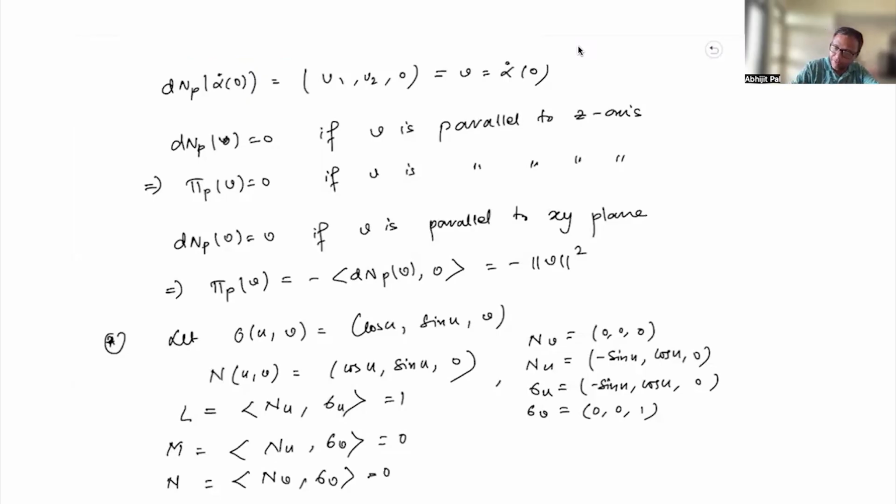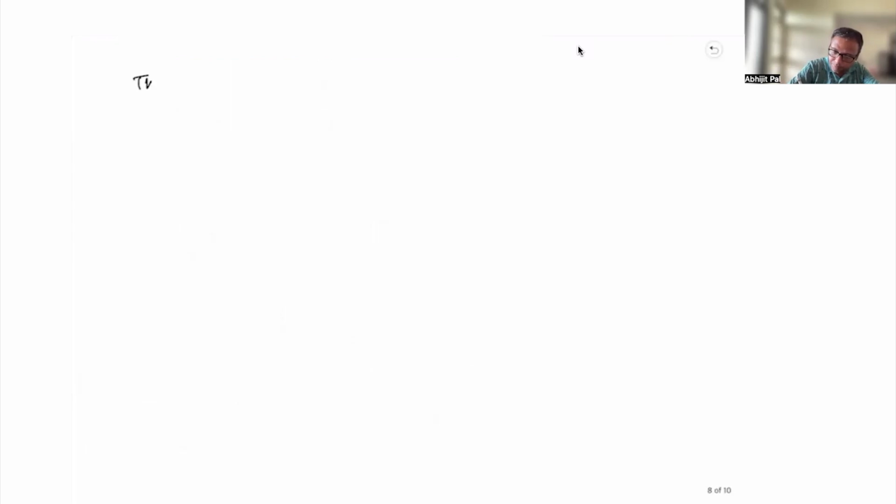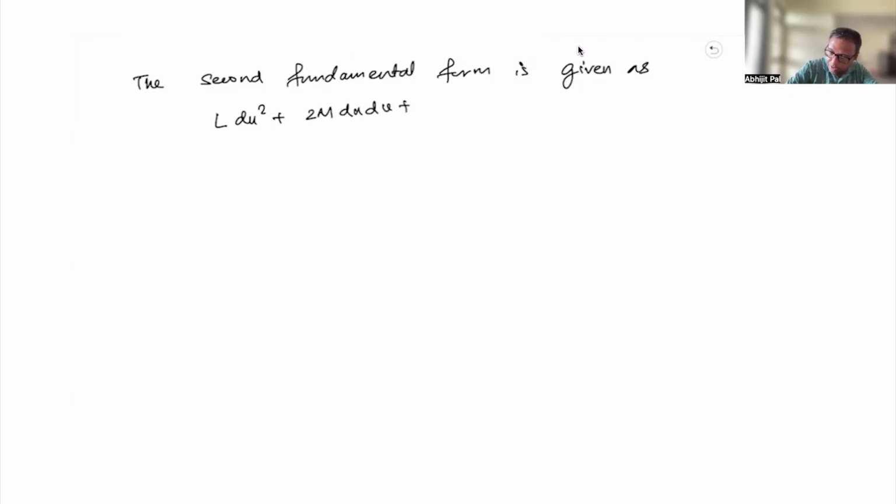So therefore, the second fundamental form is given as L du squared plus twice M du dv plus N dv squared.